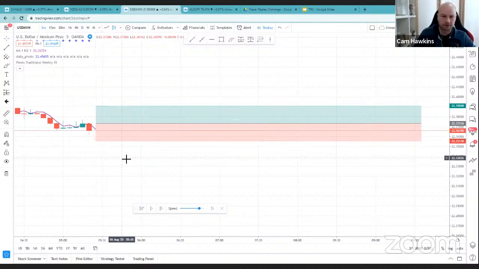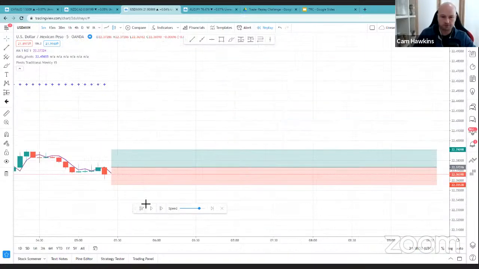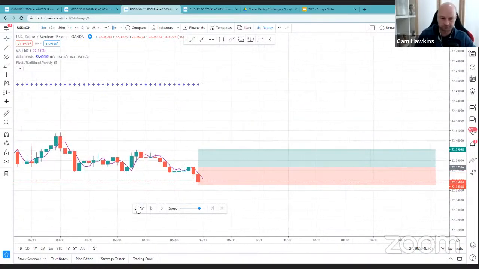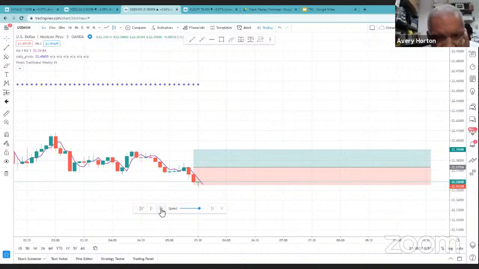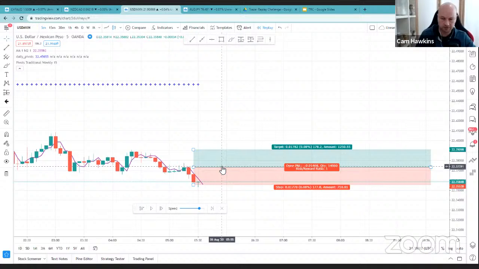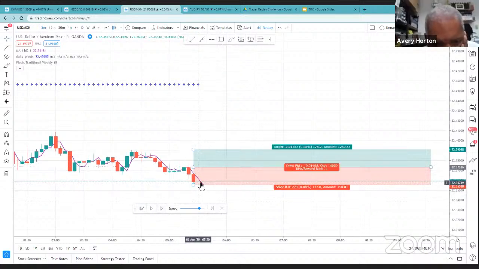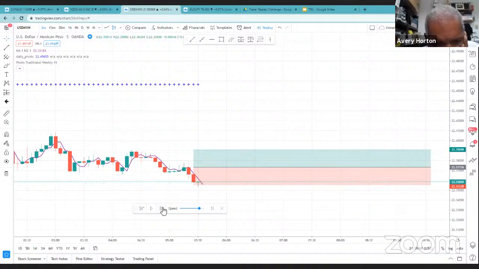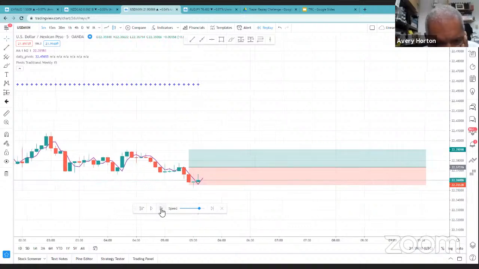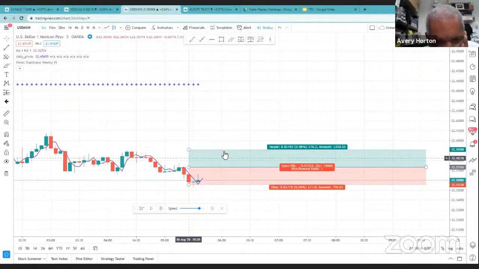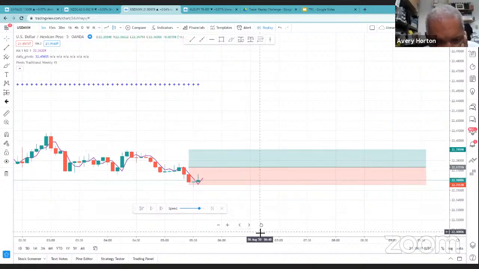All right. So as it breaks the high, we're in. Oh, it hasn't. So what we need to do is move this. Actually, no, we leave it alone because that's still below the mid dot. Actually, we probably missed that entry. So we scratch this. This trade's no good no more.